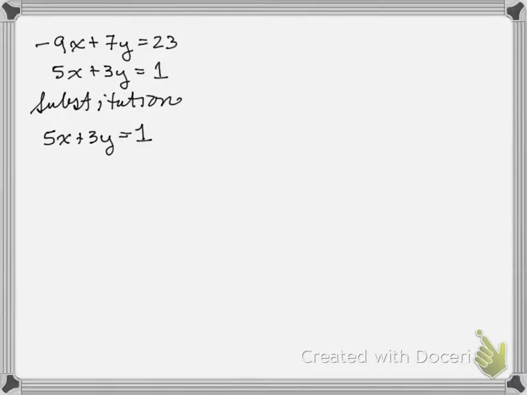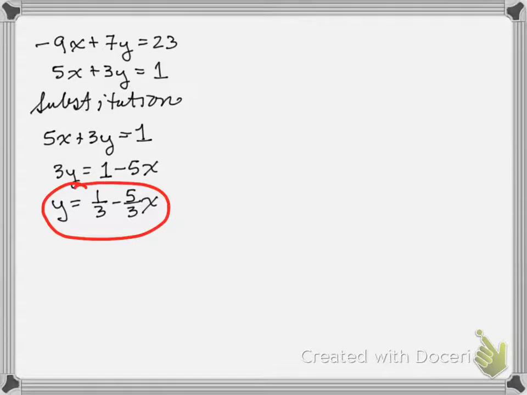and let's say that I solve for y. So I'm going to say 3y is equal to 1 minus 5x, and then I'm going to divide by 3, and I'll have 1/3 minus 5/3 x. And then since y is equal to this, I can substitute for y in the other equation.